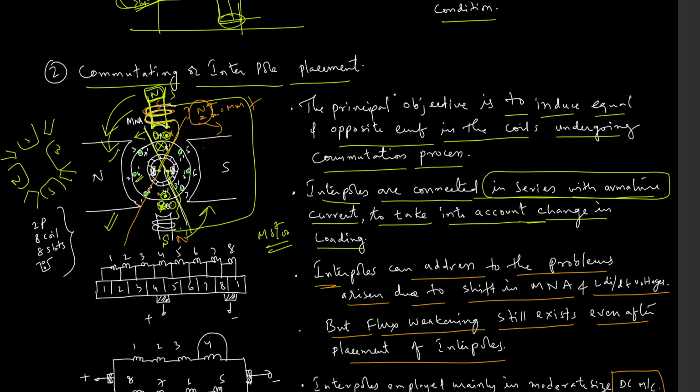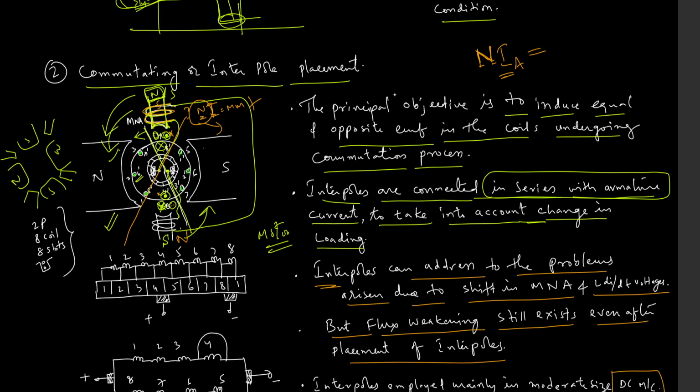So how do I decide? I don't have control on I. This is the same armature current I am allowing through this coil, right? So current is varying according to the armature loading. Now I have to fix the MMF.